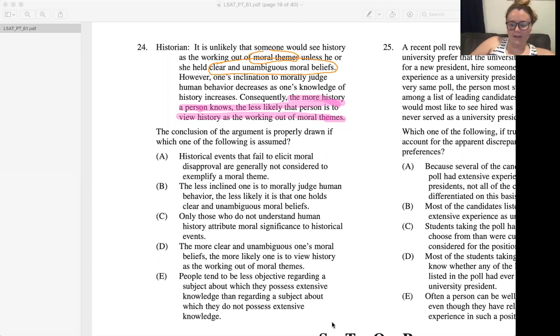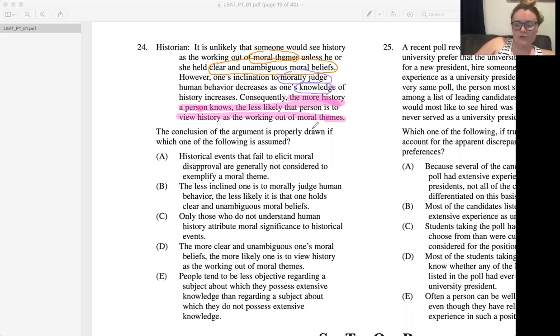On the other hand, in our second premise, we have one's inclination to morally judge decreases as one's knowledge of history increases. So our problem here is our conclusion is using things from our premises that aren't actually connected.